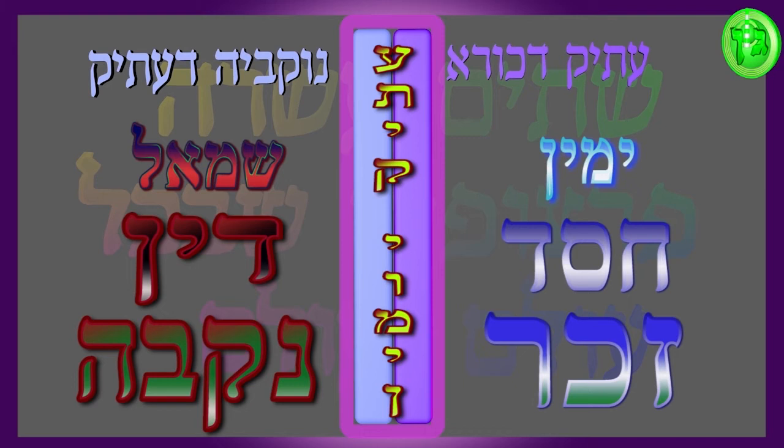You may wonder, why is it that the male side represents the measure of Chesed, and why is it that the female side represents the measure of Gevurah and Din? I'll explain to you that on a spiritual level, the concepts male and female actually mean giver and receiver, as the male aspect of any Partzuf is the side that endows, i.e. that gives, the spiritual bounty that his female counterpart needs.